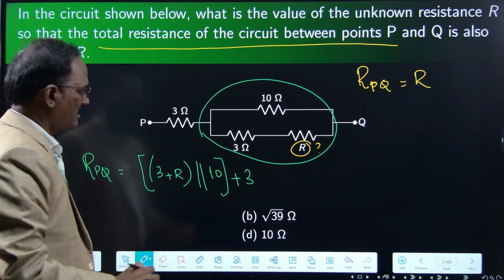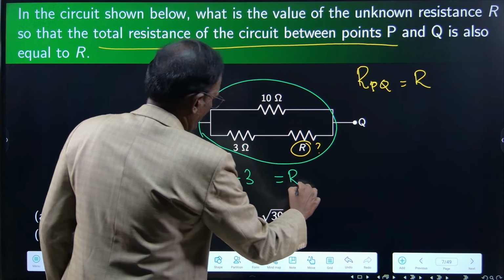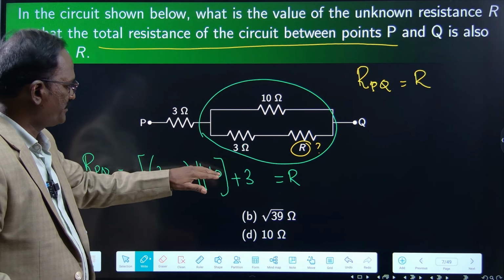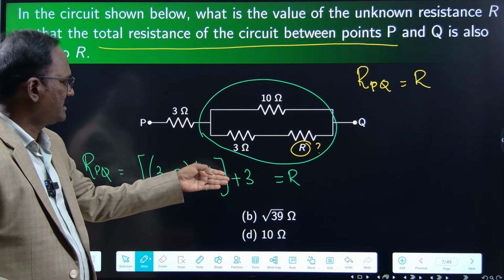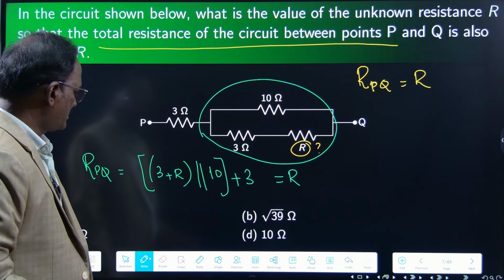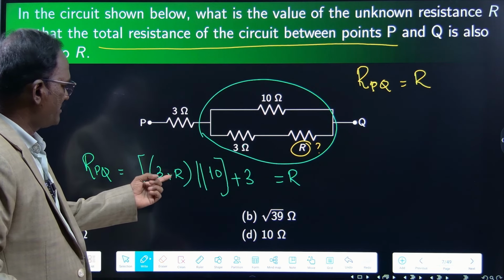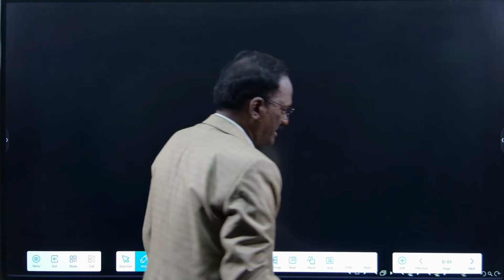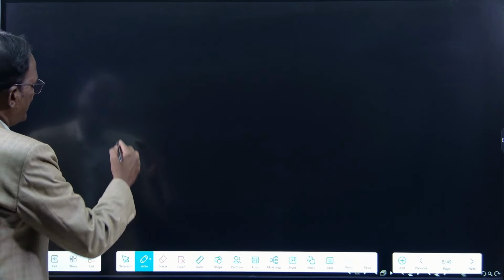This must be R. This R PQ must be R. Series, then it is parallel, then if you add it 3 is equal to R. If you solve this equation, you will get the result. 3 plus R, 10, 3, right? Let me do it on a separate page.